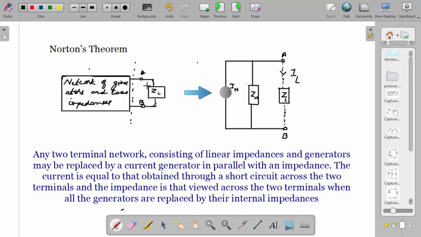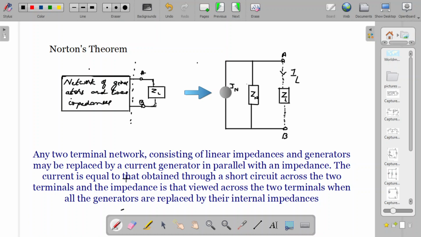In Norton's theorem, instead of keeping AB open circuit, we make A and B short circuit. So remove ZL, then short circuit A and B. Whatever current is flowing through the AB path is the current we use. So the current source IN is equal to that obtained through a short circuit across the two terminals.